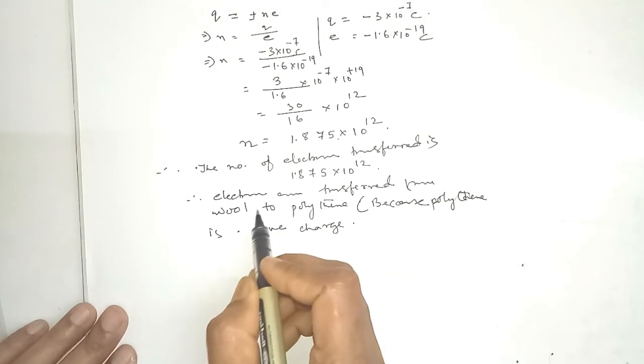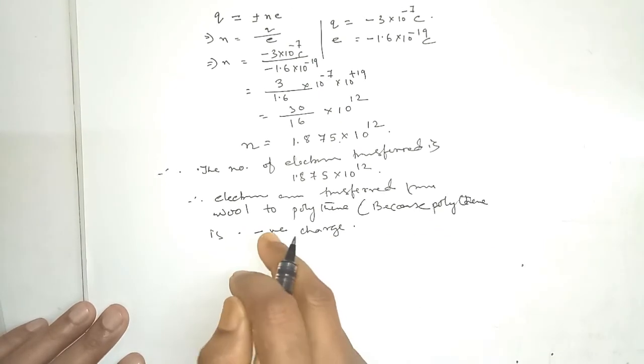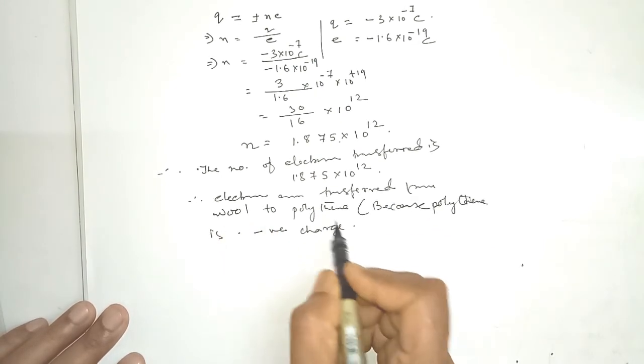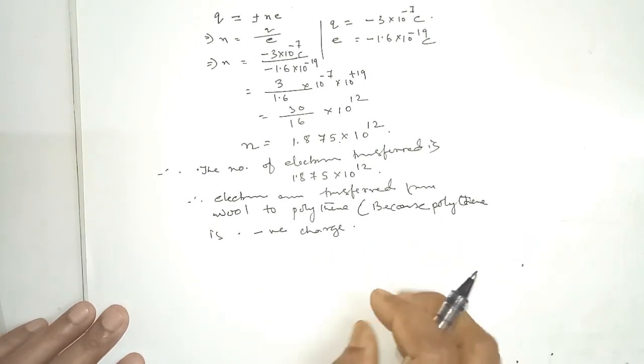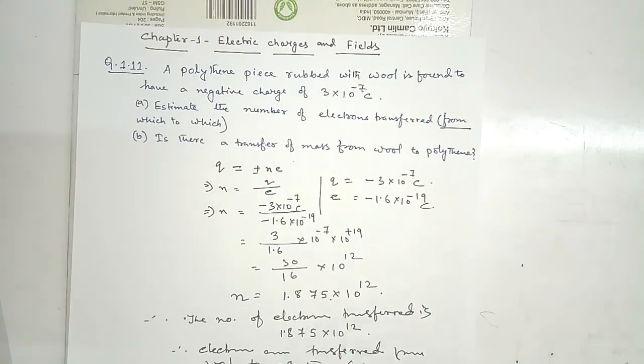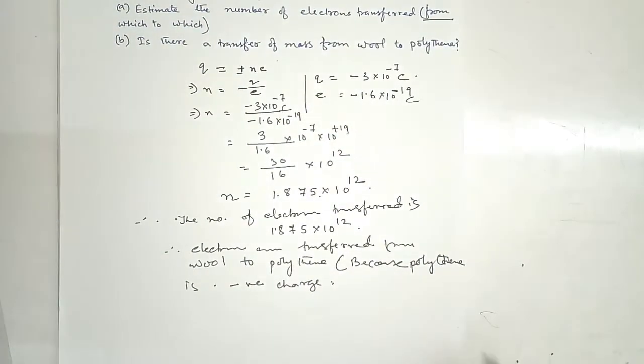So the electrons are transferred from wool to polythene. Here wool is positive and polythene is negative. Always charge is transferred from positive to negative. That's why in this question electrons are transferred from wool to polythene.